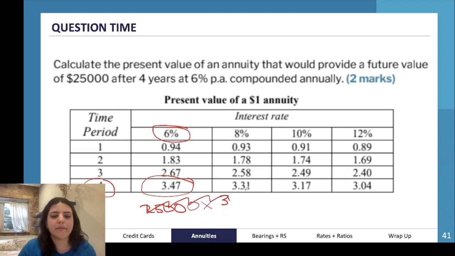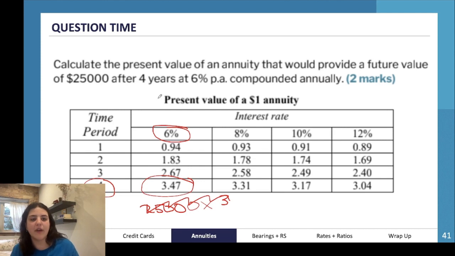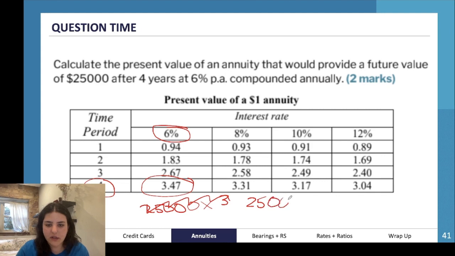That's poorly written. This is a bit of a different question. We're asking to provide the future value of $25,000. So what we actually do here is do 25,000 divided by 3.47.